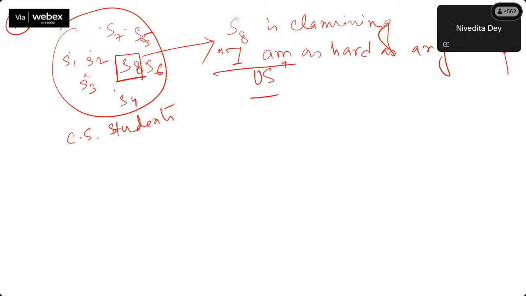Which means she also or he also belongs to the CS group, the computer science batch. Then she's claiming that, okay, hello, I'm the new topper. So what I can solve is what you all can solve, or what you all can solve, I can definitely solve. So at least that much capability, intelligence I already have.